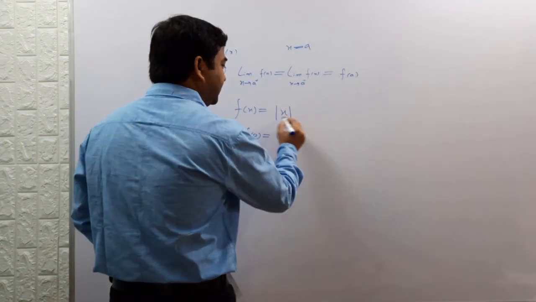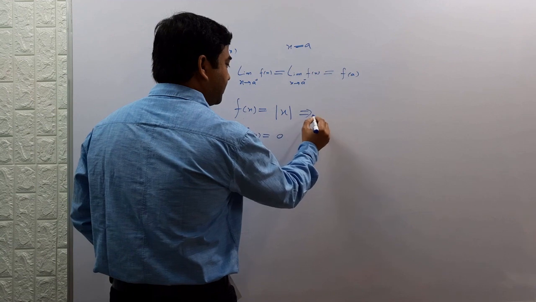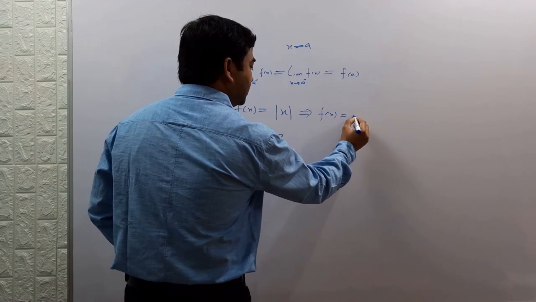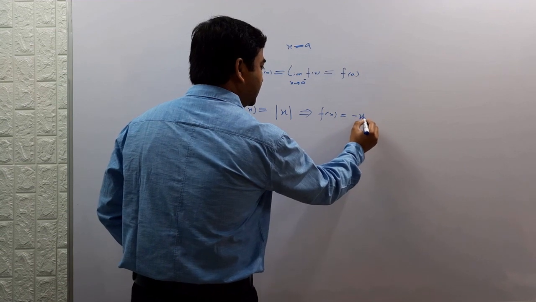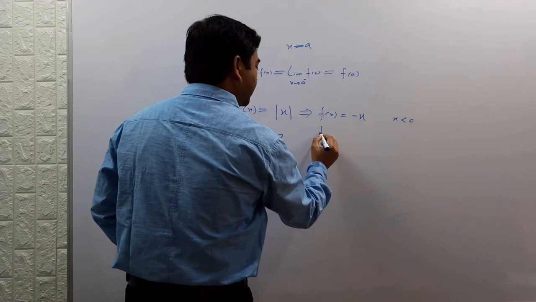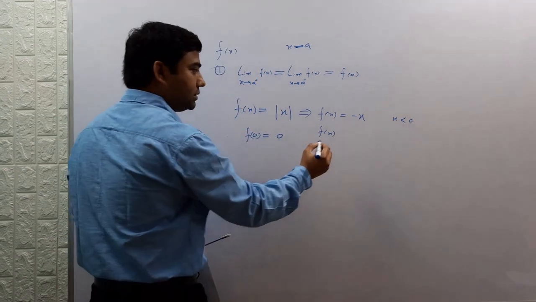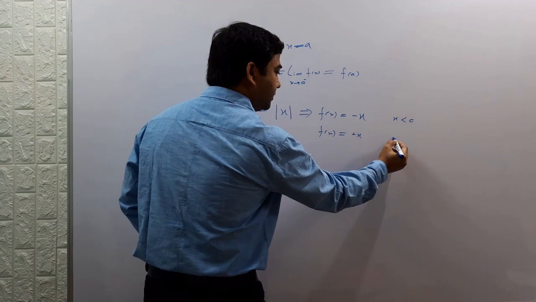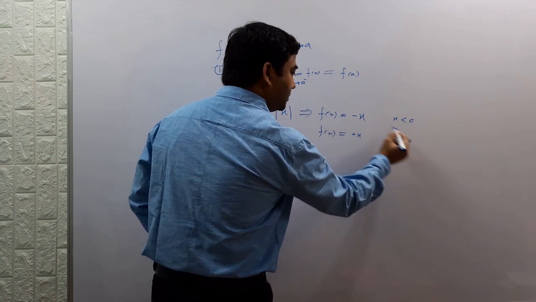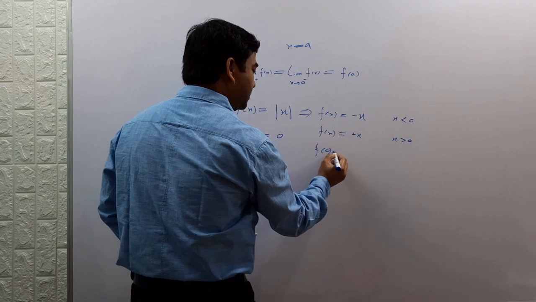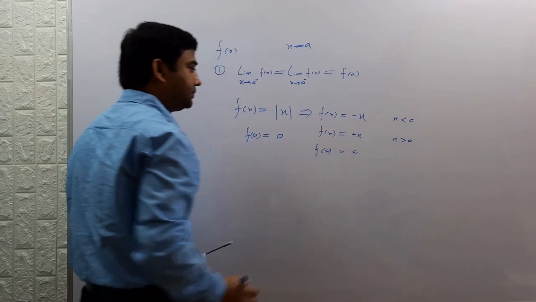So it can be defined as f(x) is equal to minus x when x is less than 0, f(x) is equal to plus x when x is more than 0, and f(0) is equal to 0.